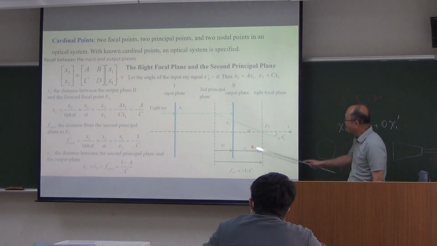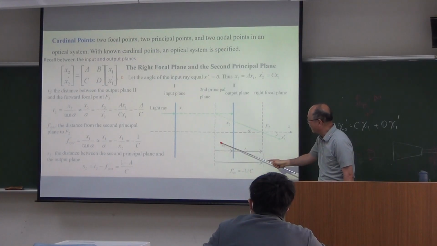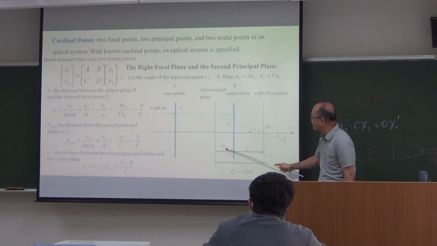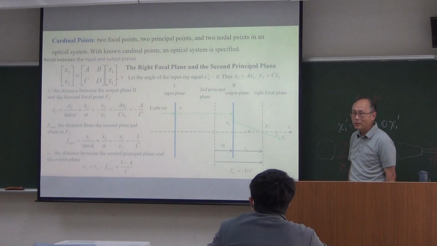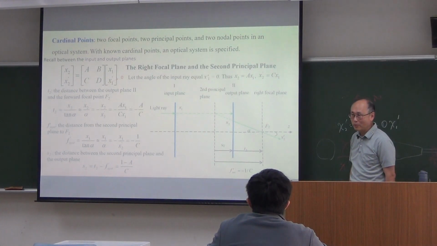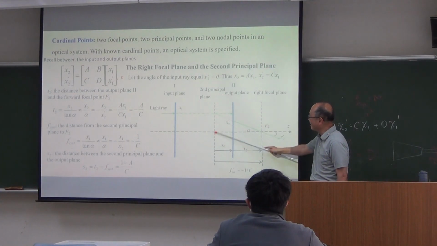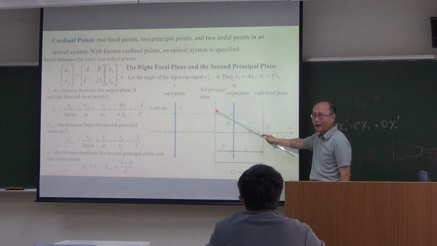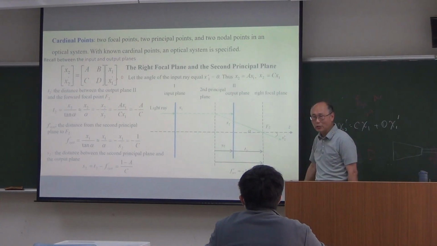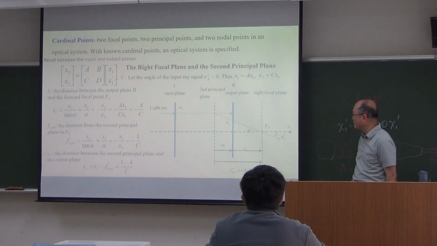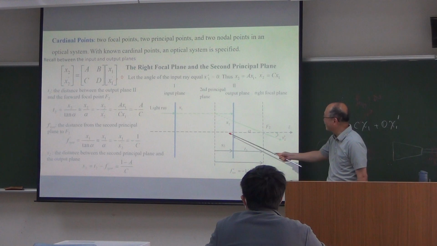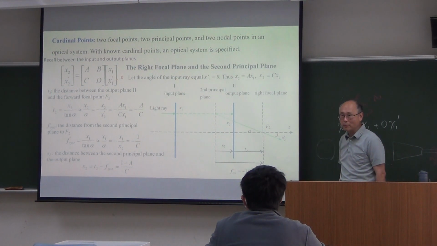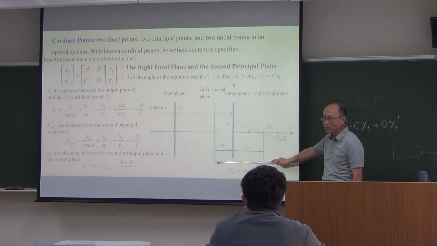Okay. And once you discover this S2, then you know exactly where the right principal plane, or second principal plane, is. The principal plane defines the focal length of the system. Basically, the distance between the focal point and the second principal plane is going to give you the system focal length.